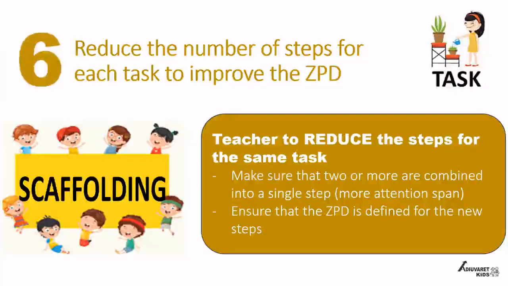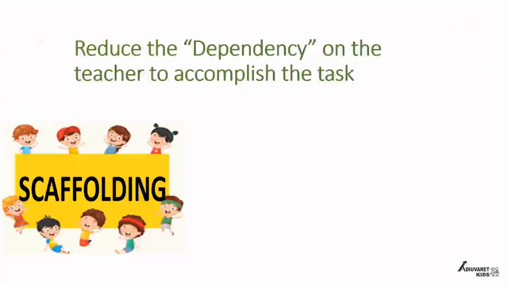Now, after understanding the reduction of the number of steps, we go to the last component of scaffolding. The last one is to reduce the dependency on the teacher to accomplish the task. Up to the sixth component, there is a dependence on the teacher.